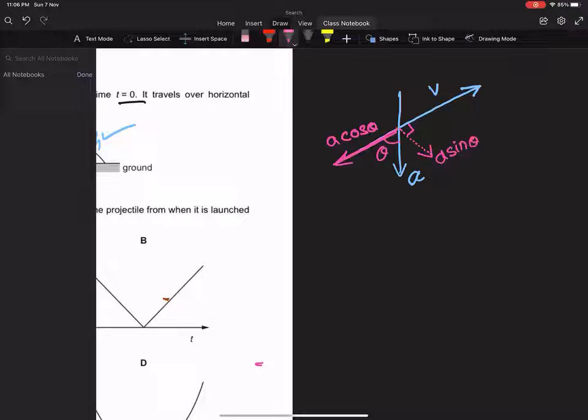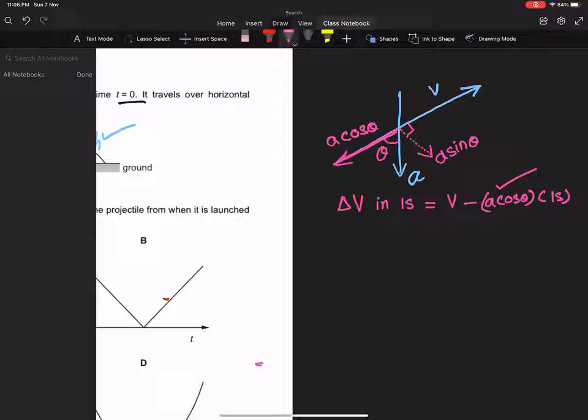Now, if we apply this same concept to the projectile, first of all, you need to understand that for change of velocity, we can go with delta V, for example, in 1 second will be equal to V minus a cos of theta into 1 second. So this is the idea here.